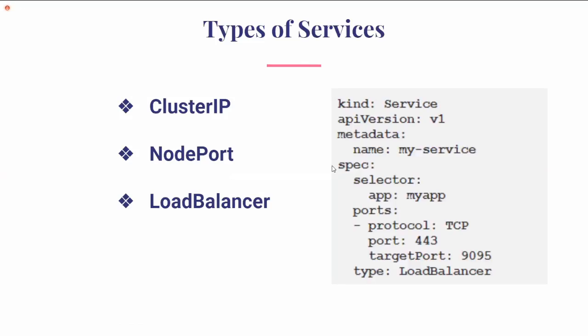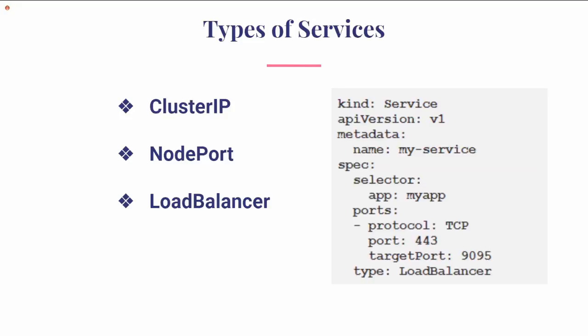Okay, so these are the types of services. There are three important services we'll look into, and the first is the ClusterIP. This is the default service type. If you don't mention any particular type in your file, Kubernetes assigns ClusterIP to it.